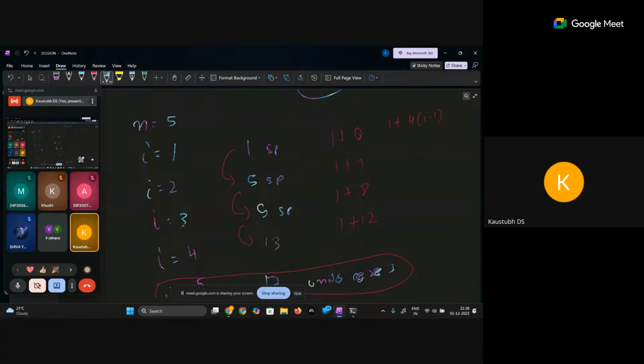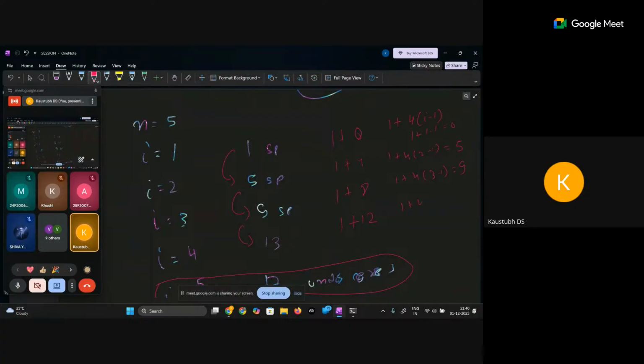Okay. So if you apply the formula, here you will get 1 plus 4 times 1 minus 1, which is 1. Here we'll get 1 plus 4 times 2 minus 1, which is 5. And 1 plus 4 times 3 minus 1, which is 9.